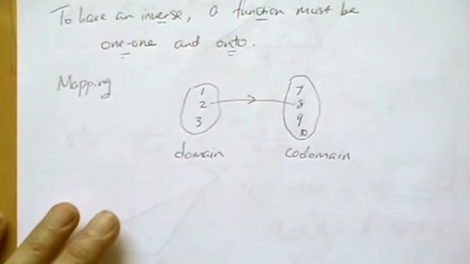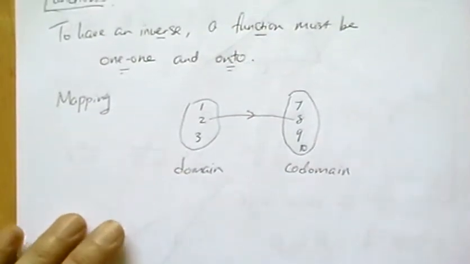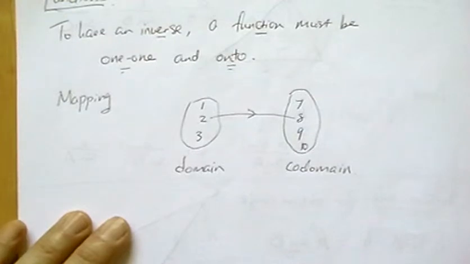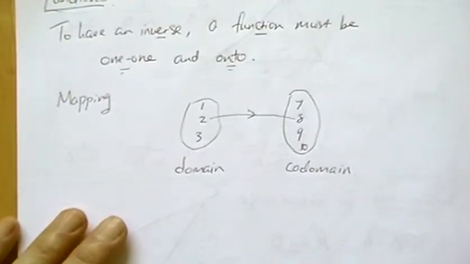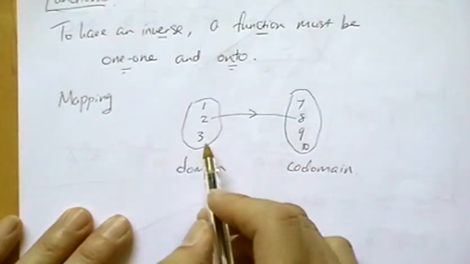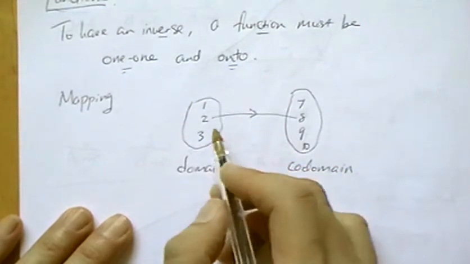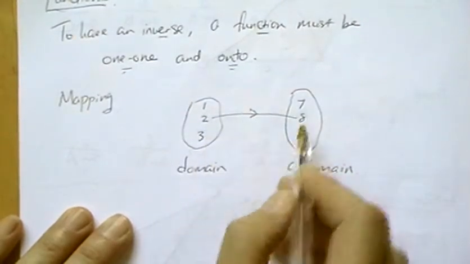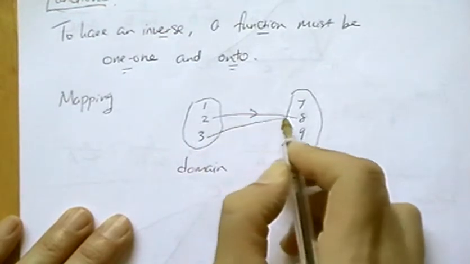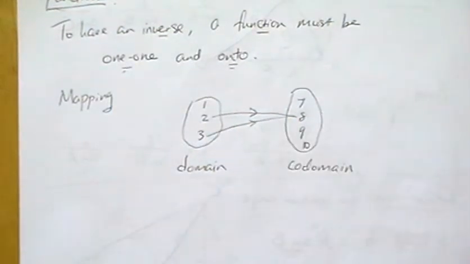Now the easiest way to understand a function is to think about what mapping is not a function. Suppose that I now make up another mapping in which not only 2 is mapped to 8, but another number 3 is also mapped to 8.